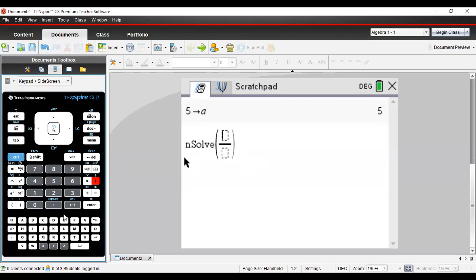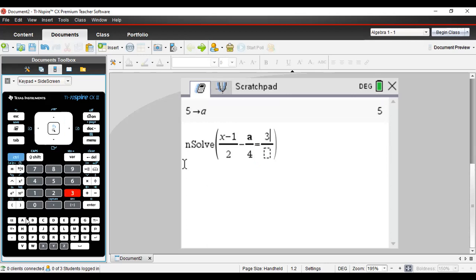And then it's going to be x minus 1 over 2. And then I have minus A over 4. So I'm going to do A over 4. And then I'm going to do equals, control divide again.